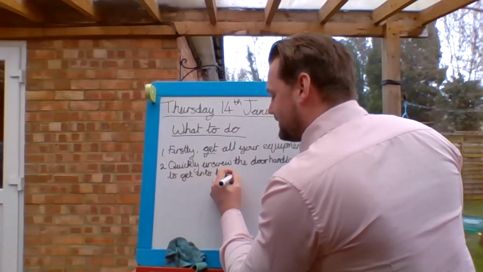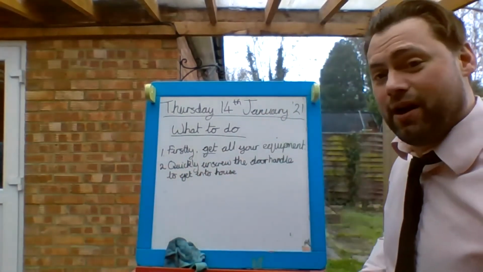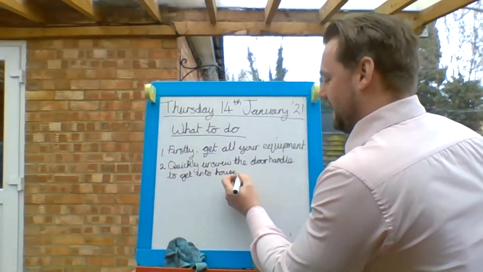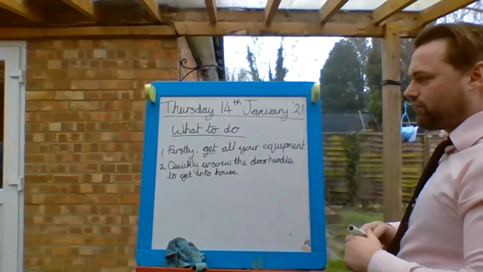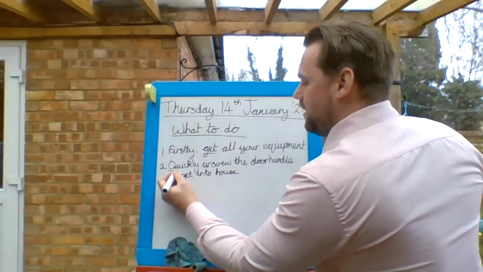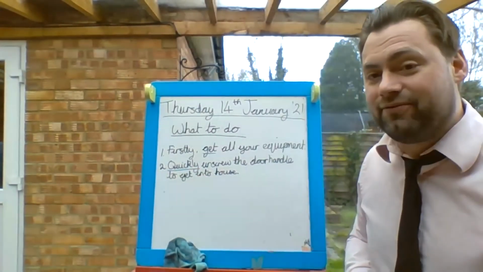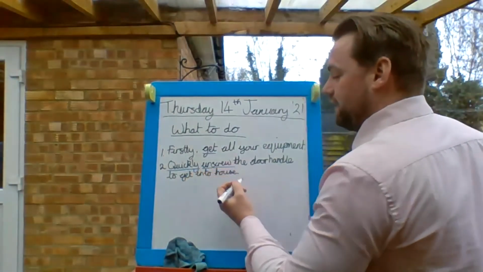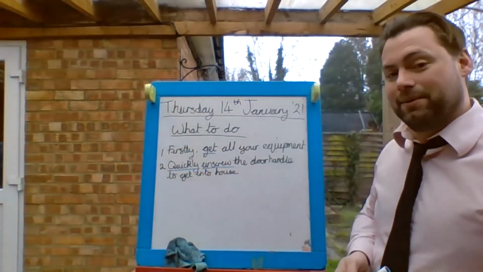And remember my video yesterday, I had to do that because I was out here first and I had to get out of the front door. So quickly unscrew the door handle to get into house. Okay, and again, here I've used something called an adverb, okay, which is describing the imperative verb. So it's telling me to do it quickly.